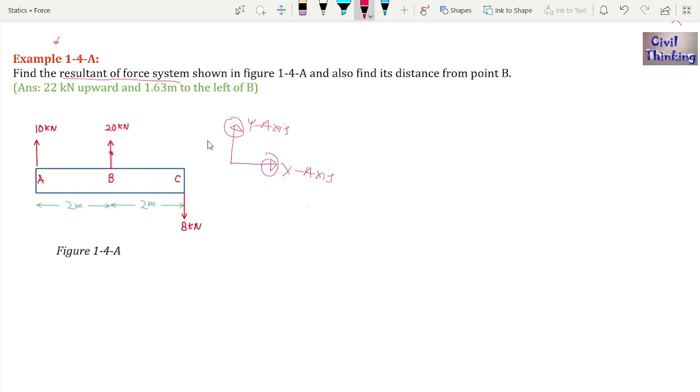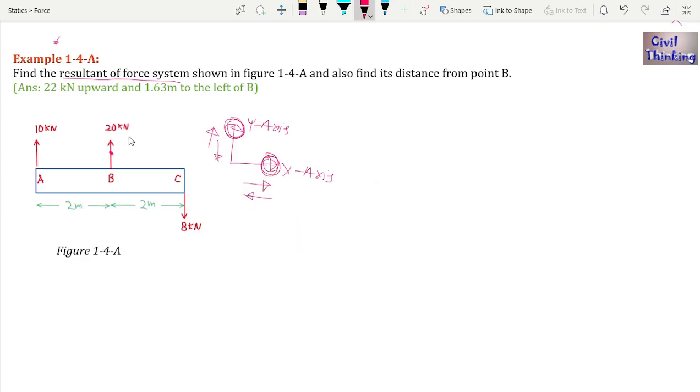If there is a force like this, it will be positive because it is in this direction. If a force is opposite to this direction, it will be negative.